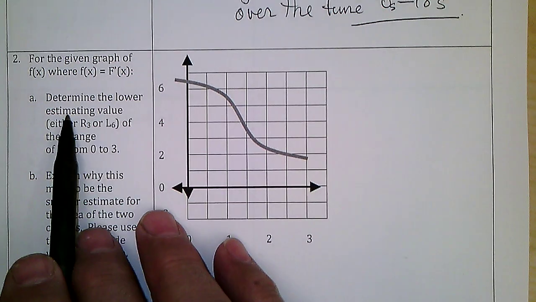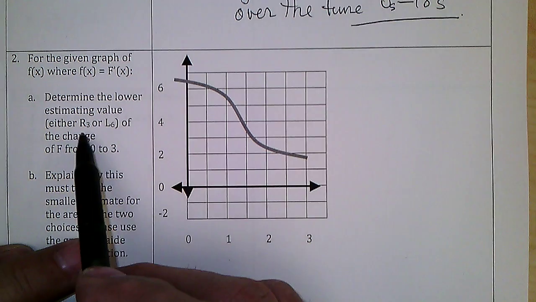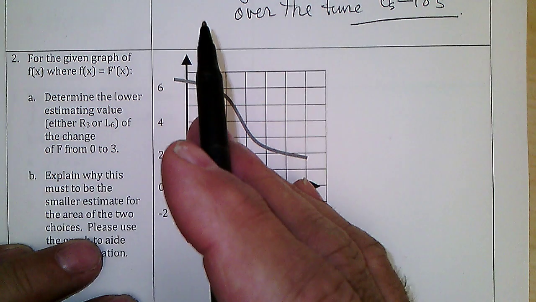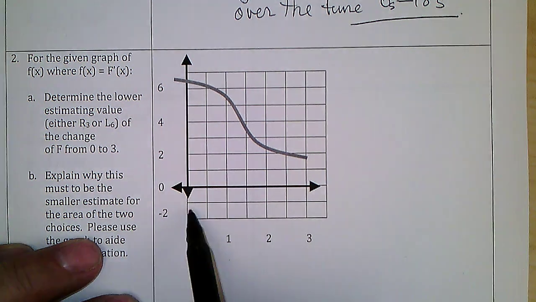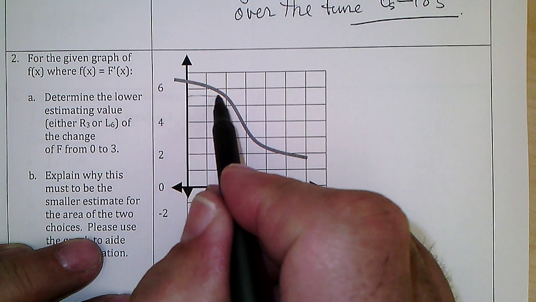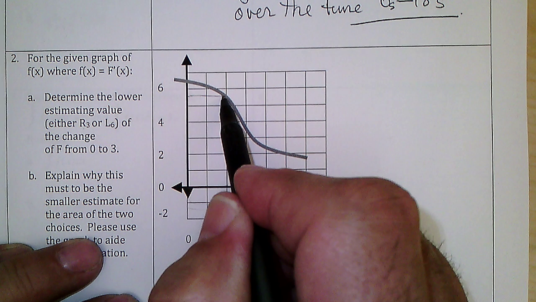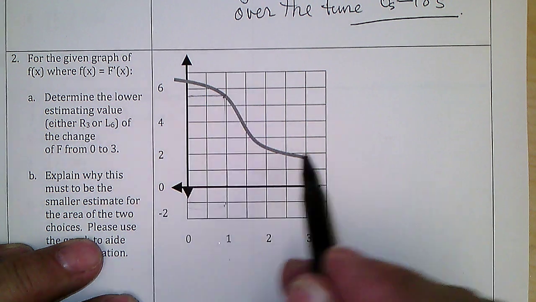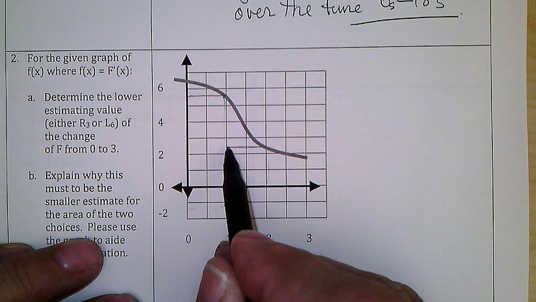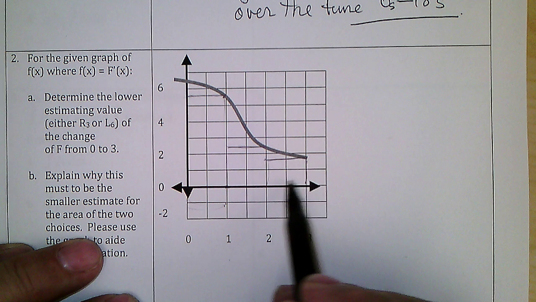2. Determine the lower estimating value. So we could do R3, which means we'd go to the right of 3 intervals. To the right of 3 would be, there's 1 interval, and using the right side on the curve. And the second one would be here, and the third one would be here.